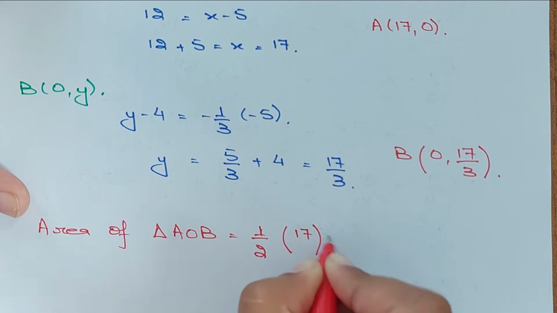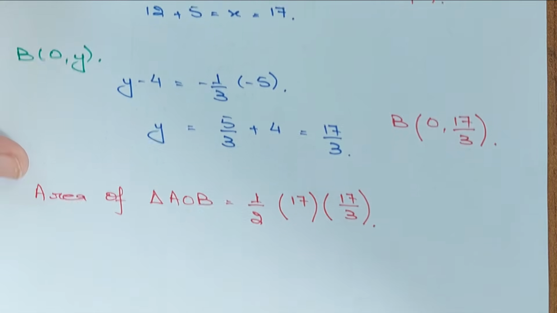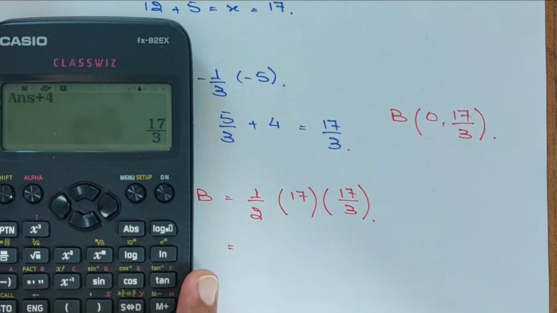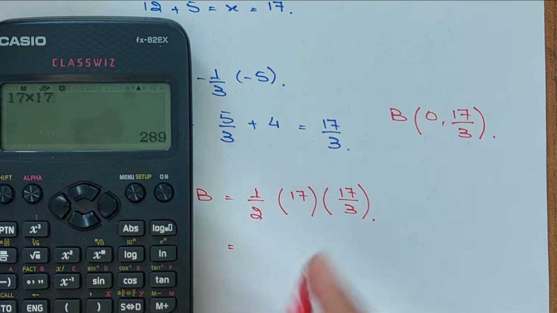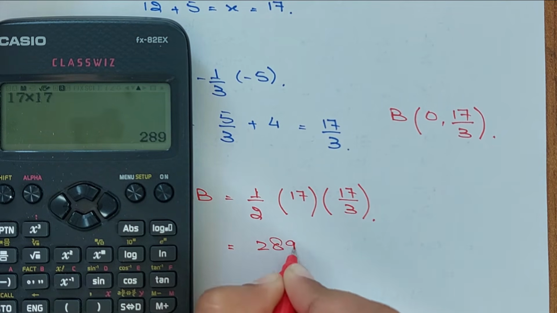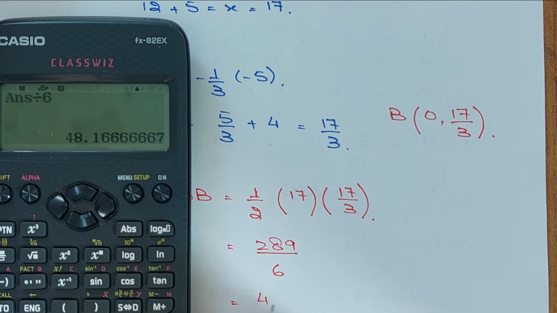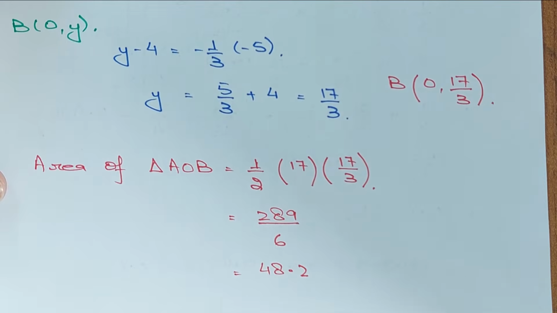So half into 17 into 17 over 3. Let me solve for the area. 17 times 17 is 289, and 2 times 3 is 6. So 289 over 6, or 48.2 square units, is the area of triangle AOB.